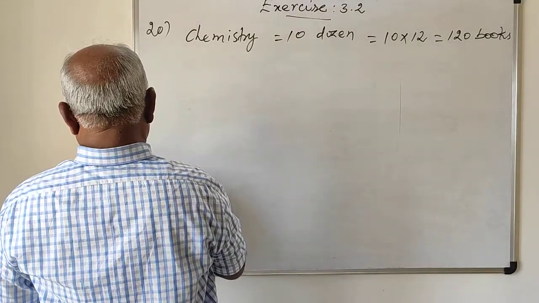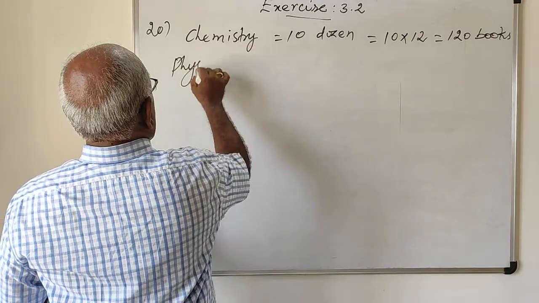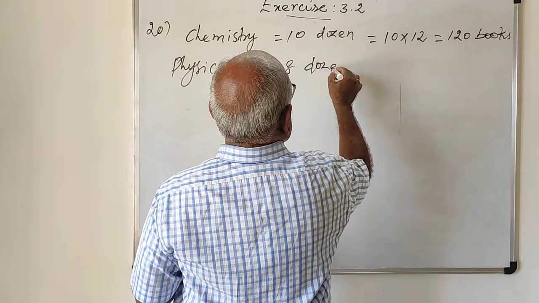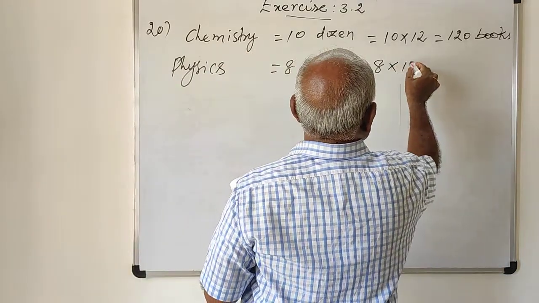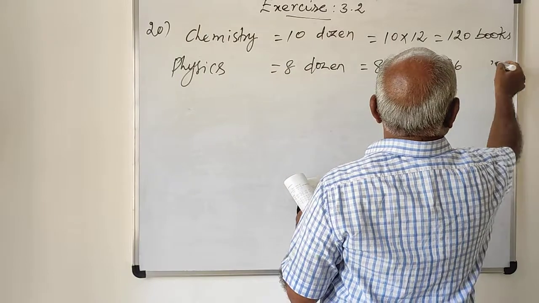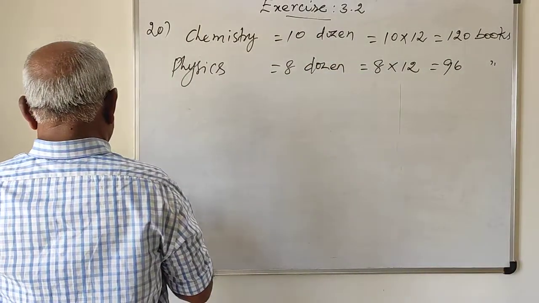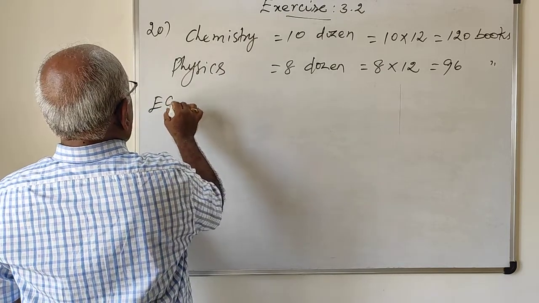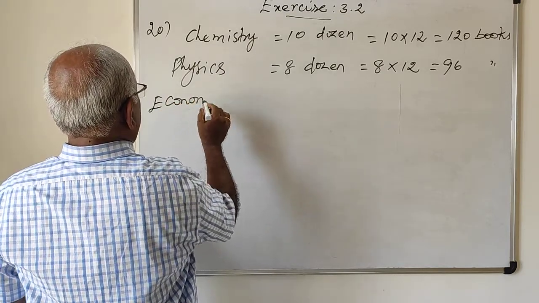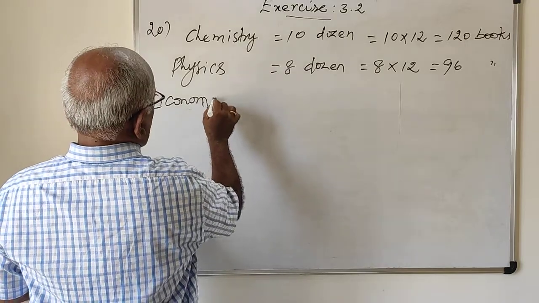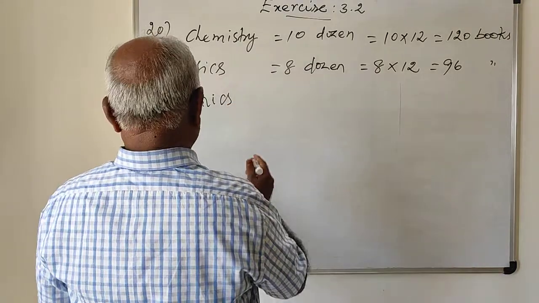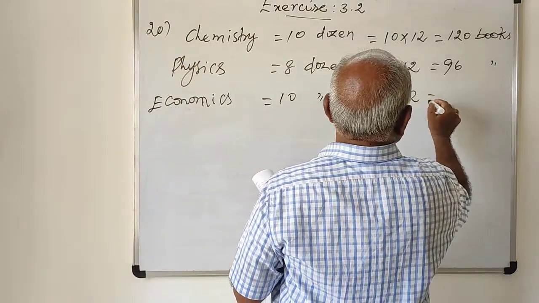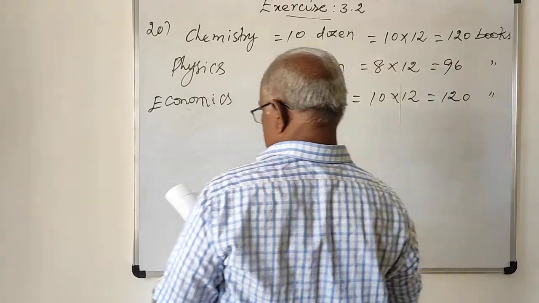Chemistry books and 8 dozen of physics books, that is equal to 8 into 12, 96 books. And 10 dozen of economics books, again 10 into 12, 120 economics books.